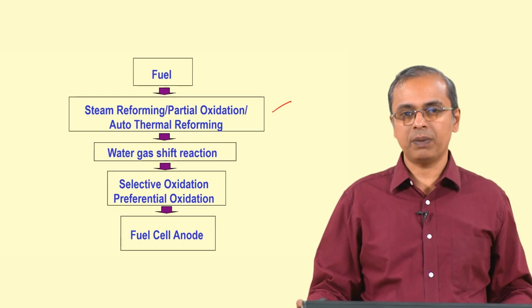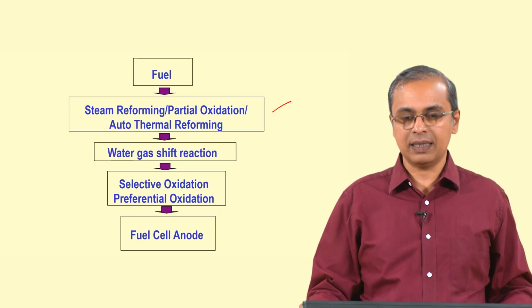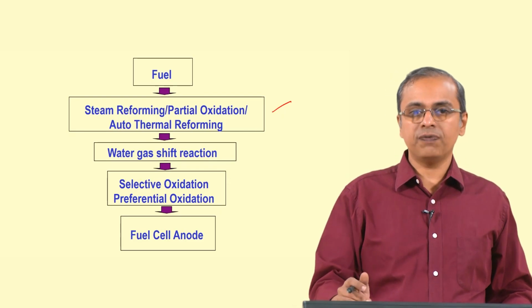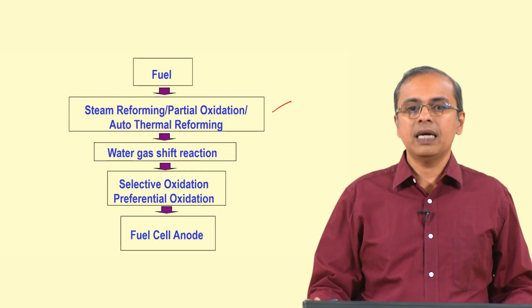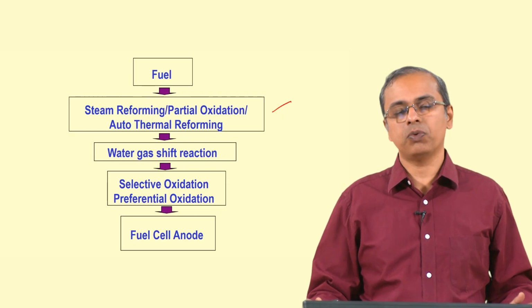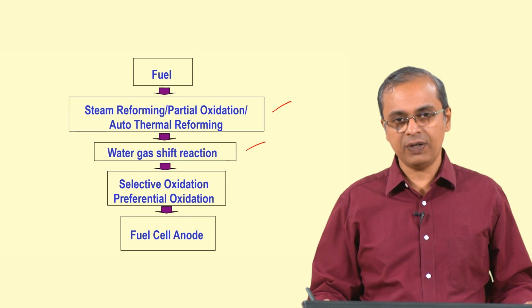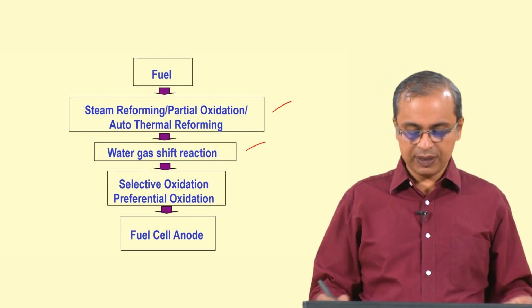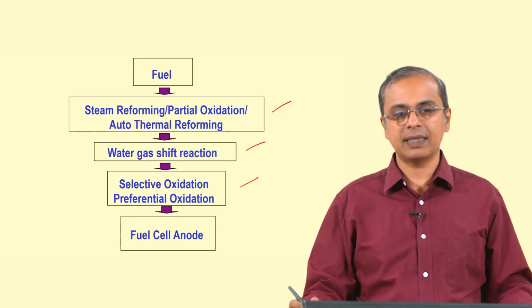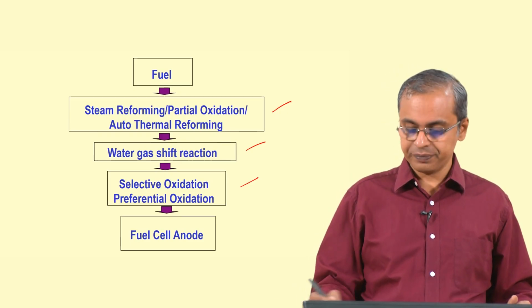You will have the reforming process occurring without having to worry too much about the heat transfer that is involved. What comes out of this reforming process is not directly usable primarily because of the carbon monoxide that is present, and therefore we do the water gas shift reaction, and often we follow that up with another reaction step, which is referred to as selective oxidation or preferential oxidation.